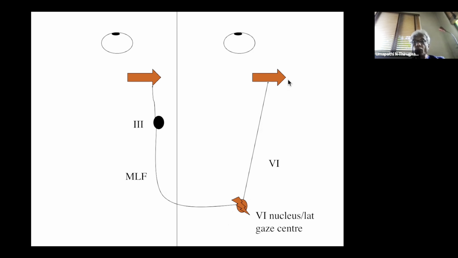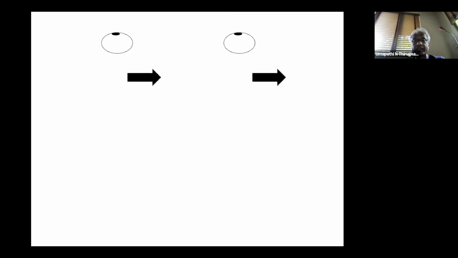She only had problem in the 6th nerve, so only this eye wasn't moving. But if the 6th nucleus is affected, not only is this eye not going to move, the whole of gaze is affected. So when it's a 6th nucleus problem, we call it the lateral gaze center problem. So you would put an arrow here, and that will elegantly explain what this patient cannot do.